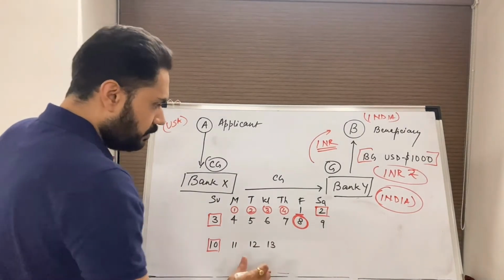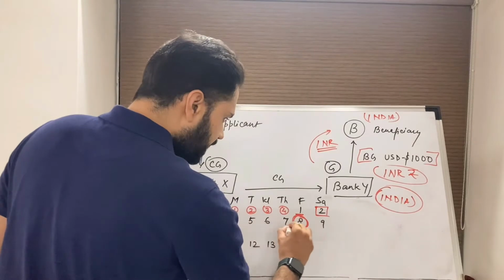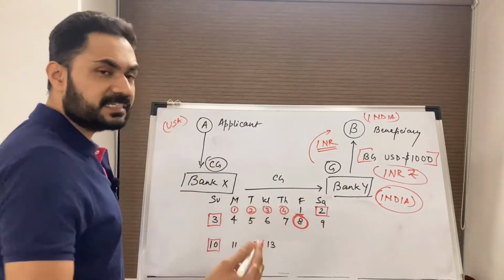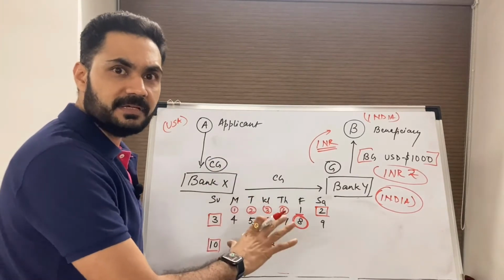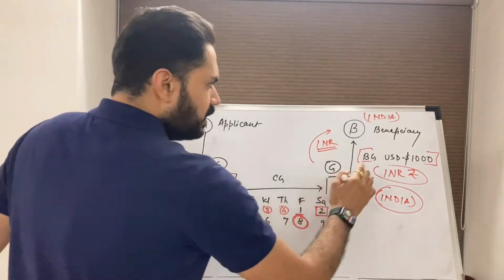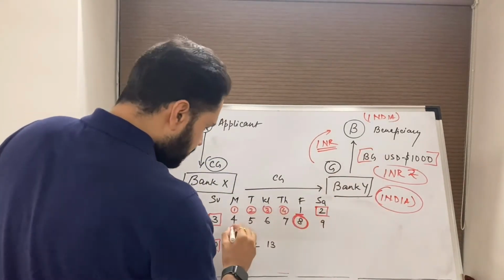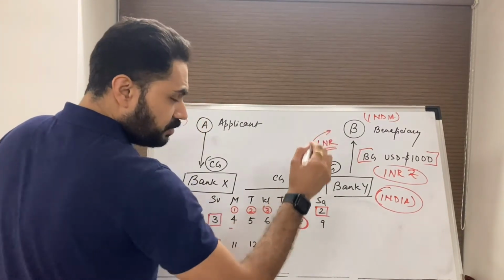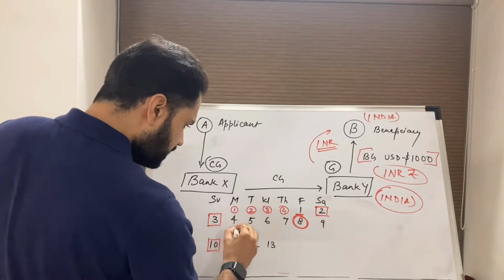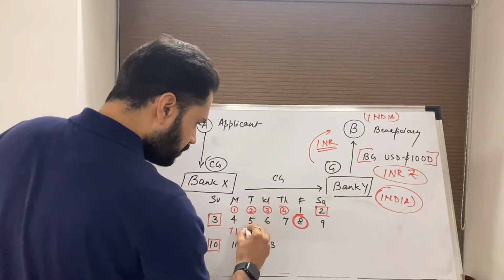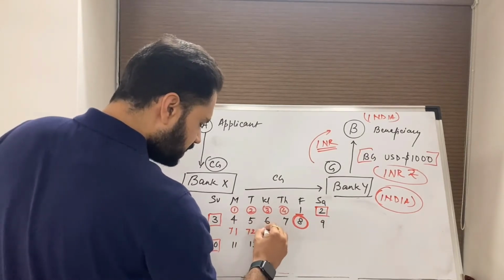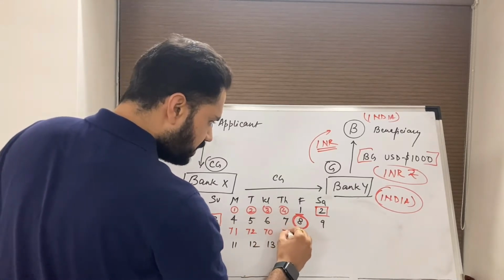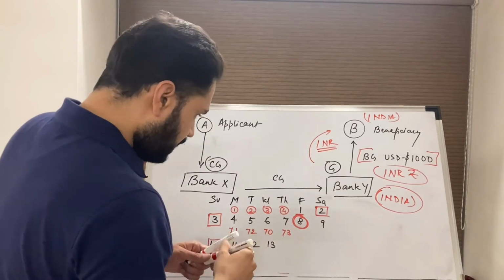Now, on whichever date the guarantor decides to make payment, that day's exchange rate will be taken. Suppose in these dates, on the 4th the exchange rate between USD and INR was 71, the 5th was 72, the 6th was 70, the 7th was 73, and the 8th would be something.